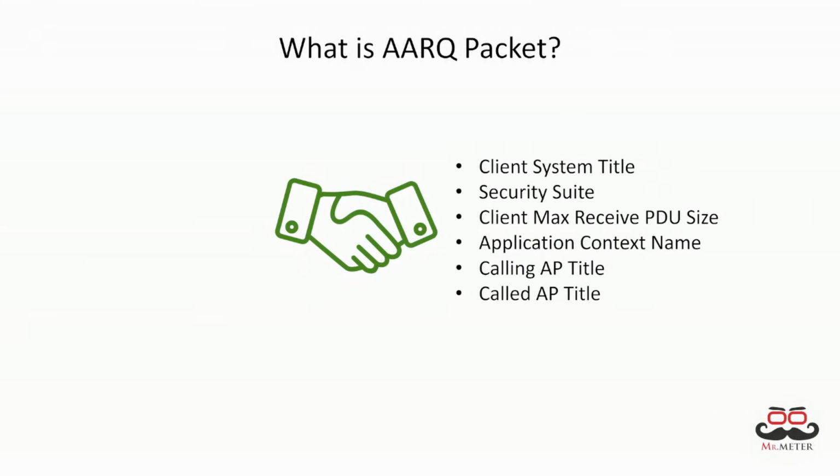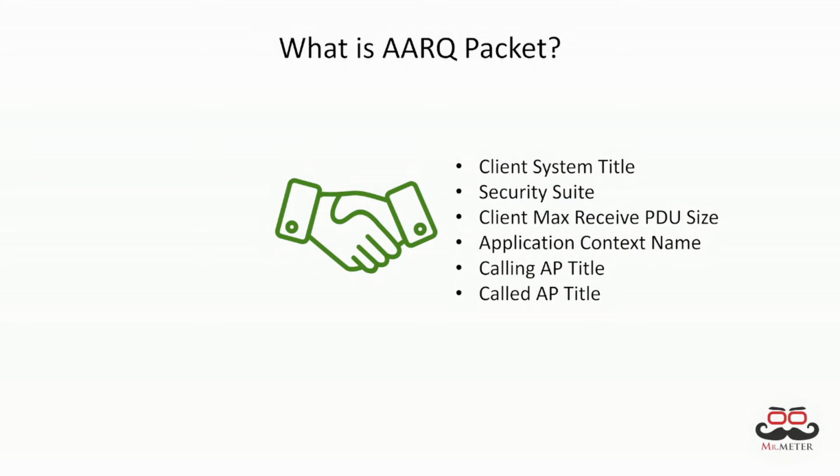The AARQ packet structure is as follows. It contains the client system title, which is a unique identifier for the client system. Authentication mechanisms, which specify how the client will prove its identity, for example, using a shared secret or certificate.